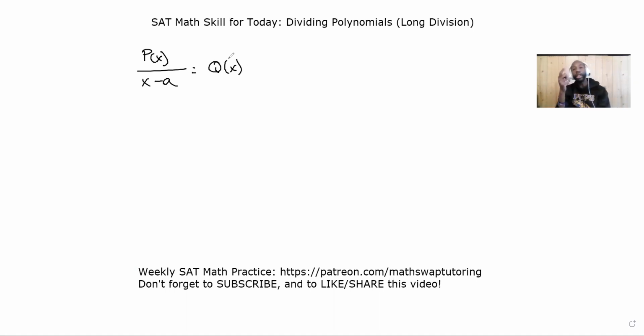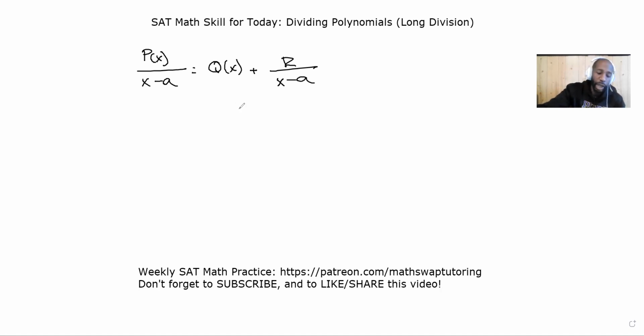Remember, a quotient is the answer to a division problem. I always have to tell myself that because words like quotient can be a little confusing to me. So it's some quotient plus a remainder divided by X minus A. And if you think about it, this is the way that division typically works anyway.